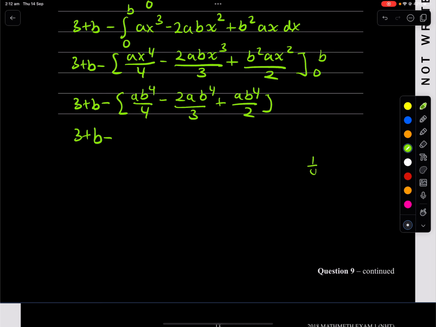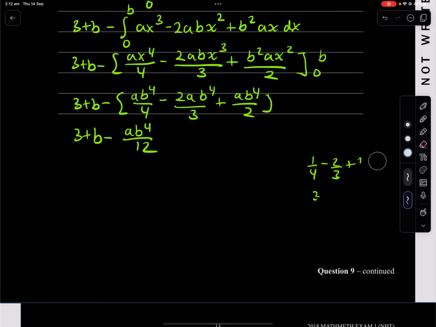I want to simplify this by making it basic for myself. If I multiply this by 12, it'll be 3 over 12 minus 8 over 12 plus 6 over 12, so 1 over 12. So it'll be ab to the 4 over 12.